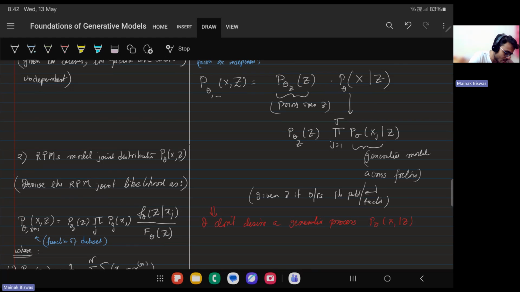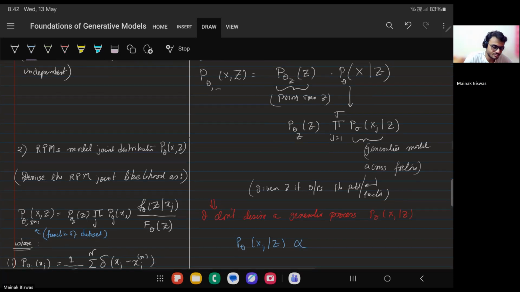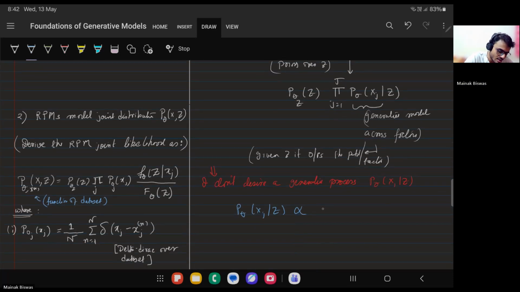Instead, what we can do is model p theta of xj given z proportional to, or you can just say by Bayes rule, p theta of z given xj into p.